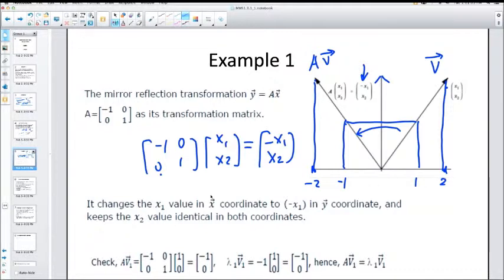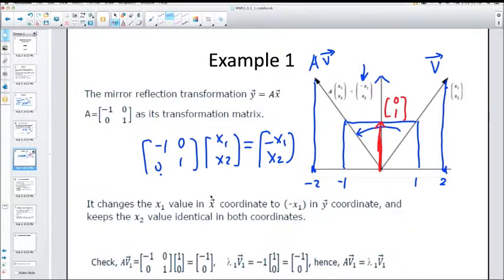So we are looking for the vectors that, under the transformation, the image stays either in the same direction or exactly the opposite direction. So what are those vectors? Well, you can find two of them. Let me start from this easy one. What are you going to do with this vector if the coordinate is 0, 1?